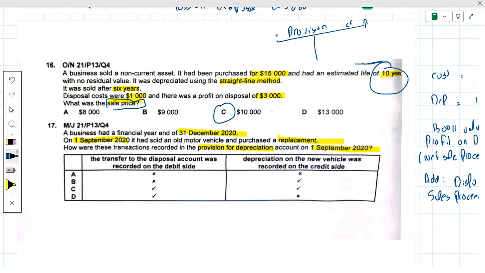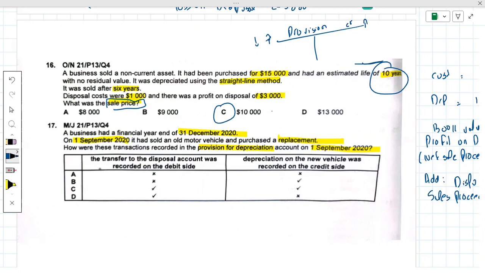But when you have sold one of the assets, it means that we have to remove the depreciation from the provision account. So that is why we have to record a disposal on the debit side. So whenever provision is decreasing, we are recording the depreciation for the disposed asset on the debit side.